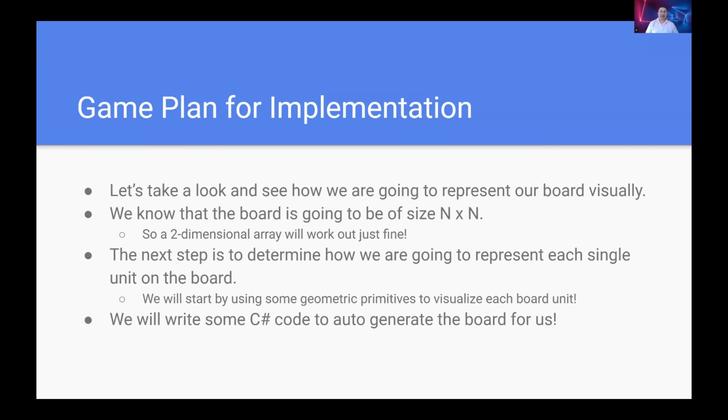Afterwards, we are going to determine how we are going to represent each one of those board units visually. We'll start by incorporating some basic primitive geometry that's available within Unity to visualize these board units. And then eventually we have to write some C# code to start auto-generating the boards and doing some accounting.